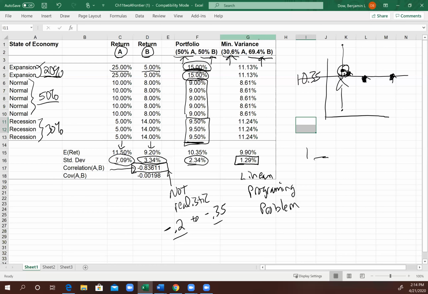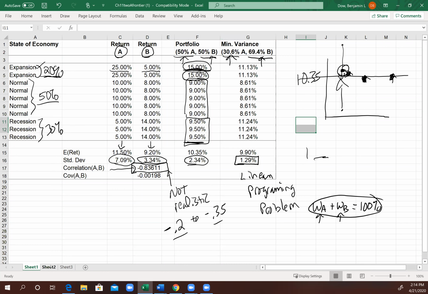And you know a couple things. The weight of A plus the weight of B has to be equal to 100%. And then you're minimizing the standard deviation by changing these weights subject to a constraint. So it's one of those old-fashioned linear programming problems. So basically 30% A, 70% B is a minimum variance point.